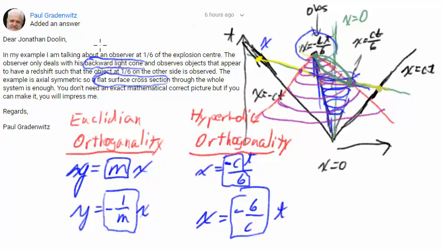But if we consider where those events are, where the blue cone intersects the plane of simultaneity, it's going to be a cone somewhere around here. But those events won't be what the observer here actually observes.